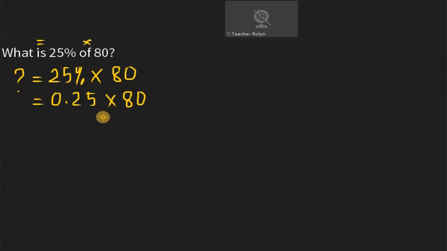Pero children, kapag nag-multiply tayo, tuturuan ko kayo ng mag-multiply na hindi na muna maglalagay ng decimal. Alright? So we will just disregard first the decimal point. So we will multiply them as whole numbers. So we will have here 25 times 80. Alright?